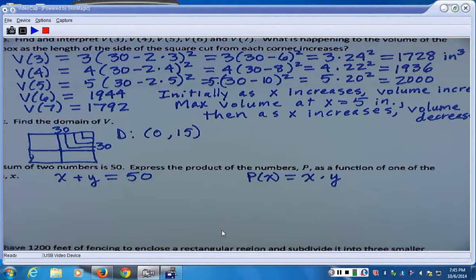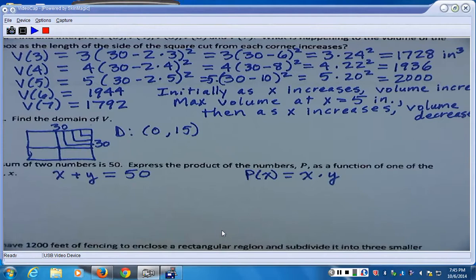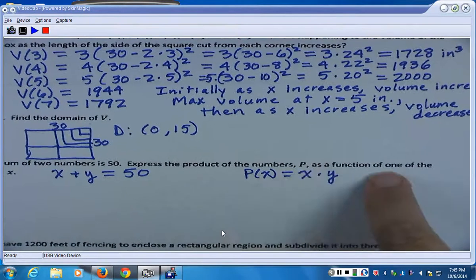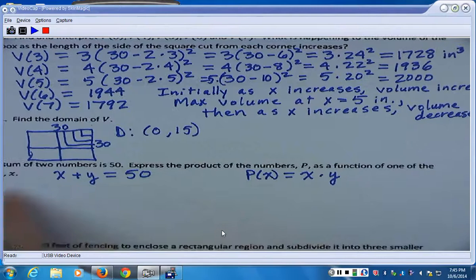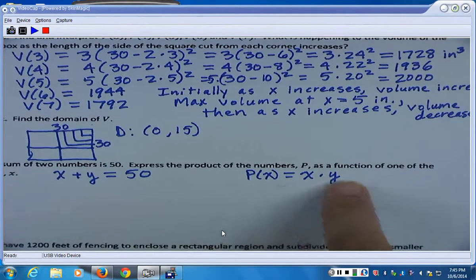So here they just tell us, we're just translating these into sentences. They tell us the sum of two numbers is 50. So we can write x plus y is 50. Then they want you to talk about the product of the numbers as a function of one of the numbers, x. Well, I just showed you the product of the two numbers in terms of x and y.